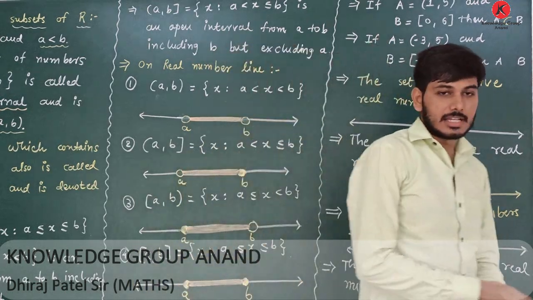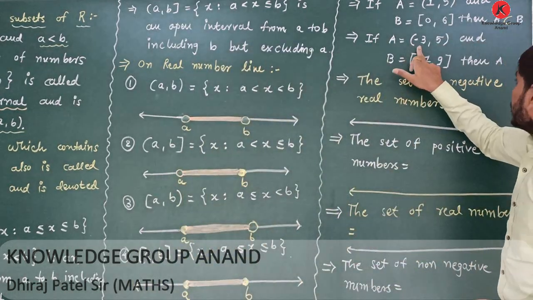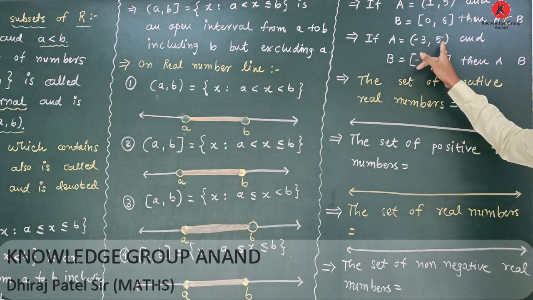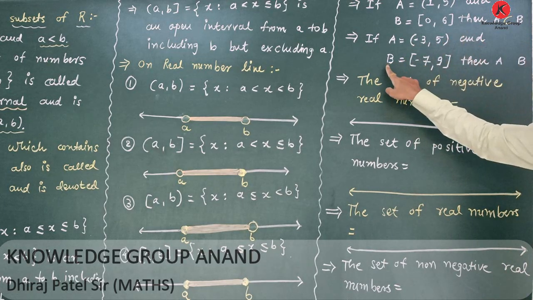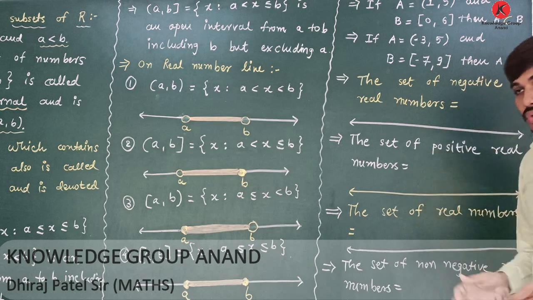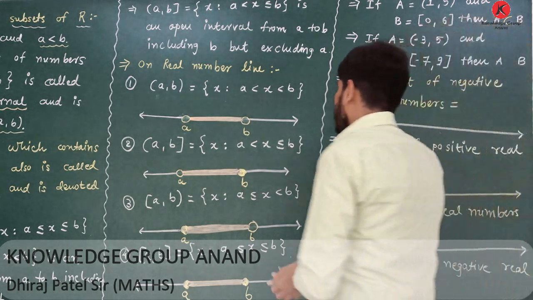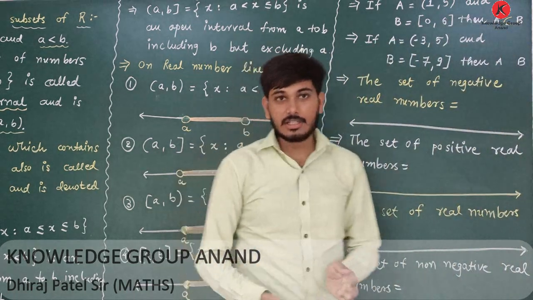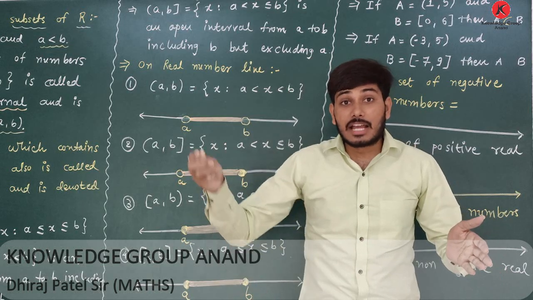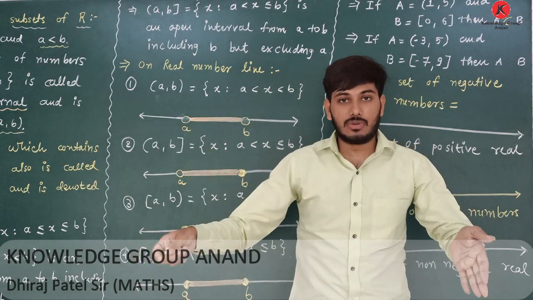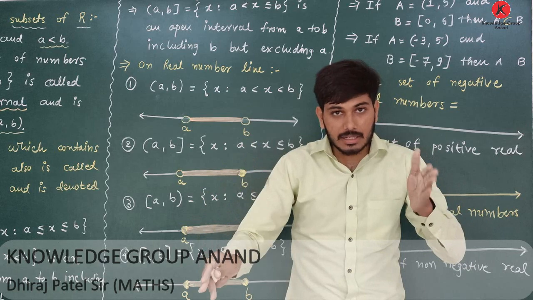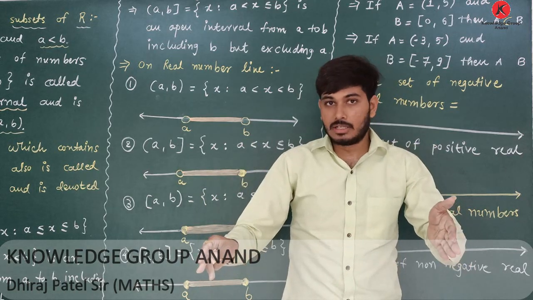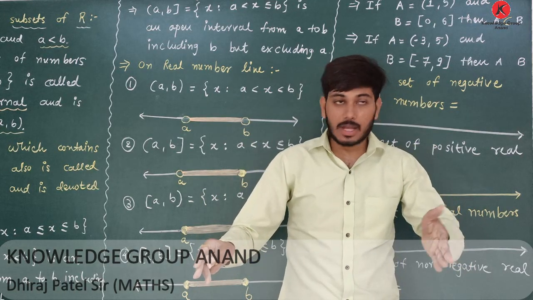Same as the second question. If A is the open interval -3 to 5 and B equals -7 to 9. See here, set A consists of all the real numbers that lie between -3 and 5, excluding -3 and 5.